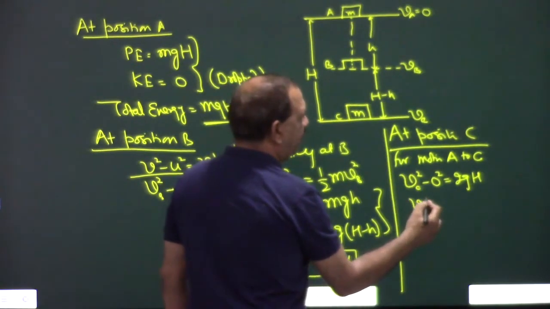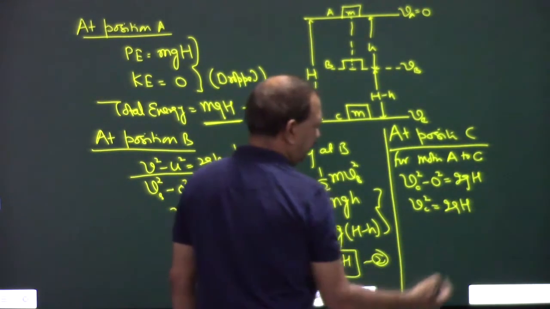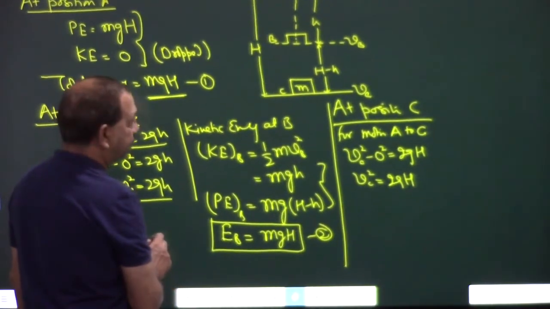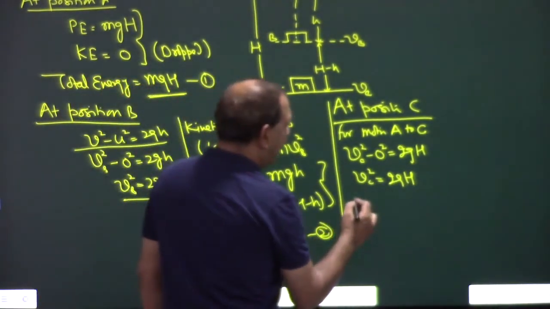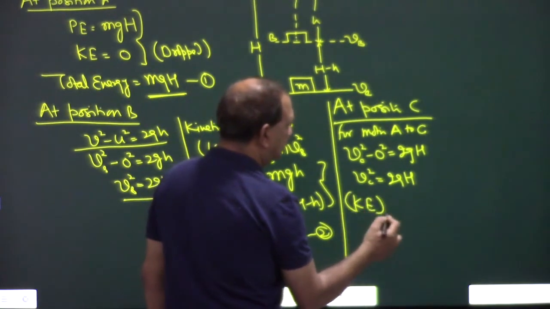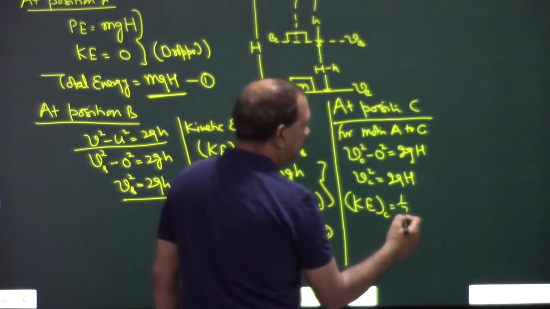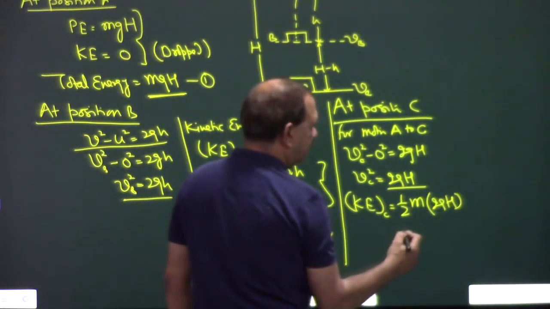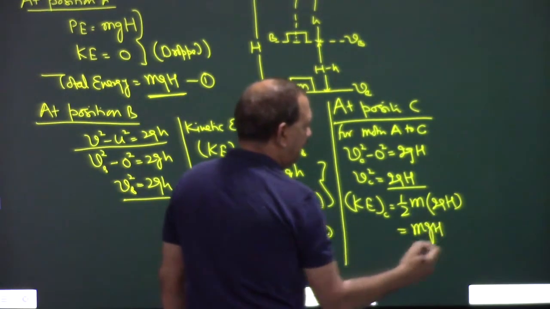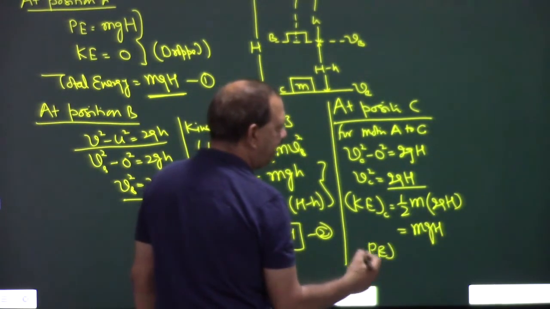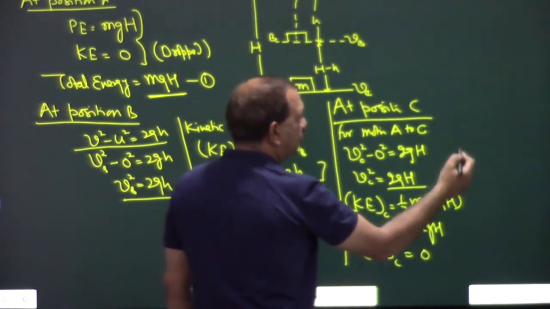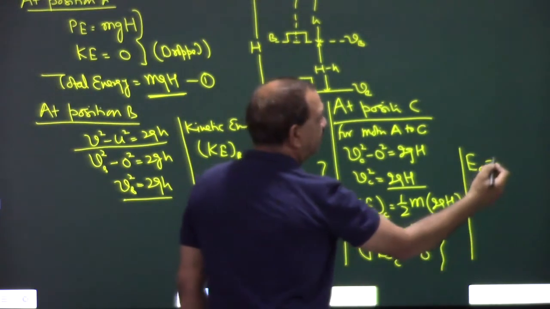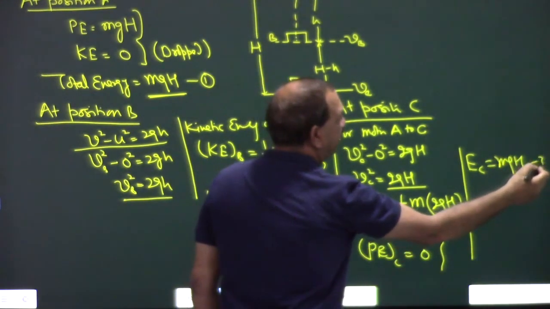So vc square is equal to 2gH. What will be the kinetic energy at C? The kinetic energy at C is half m vc square, which is mgH. And how much is the potential energy at C? Because now it is at the ground, it is 0. So total energy at C is the sum of the two, and this is also equal to mgH.